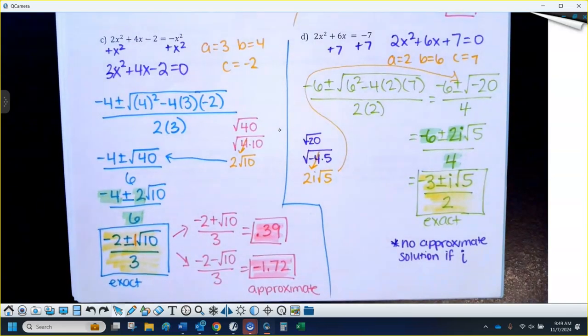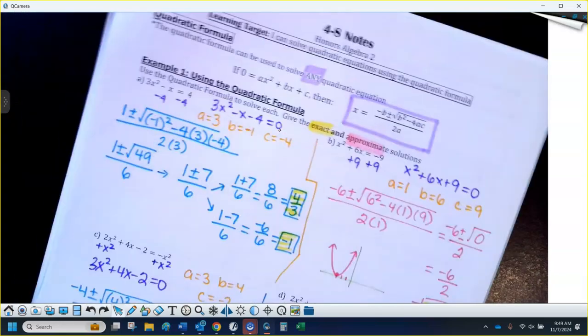So if you have an i, don't type that into the calculator and do like i square root of 5. Don't do that. That's not helpful. It's not going to estimate as a decimal where that would be on the graph because you would not see that cross the x-axis on the graph. So imaginary solutions do not have what we would call an approximate value. They just have an exact value. Is anybody having a question?